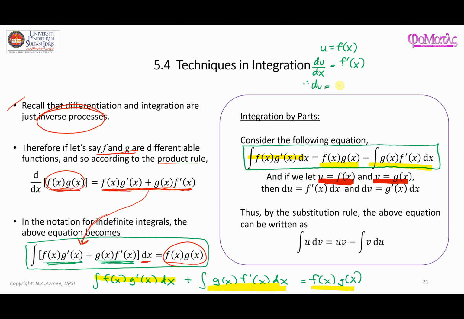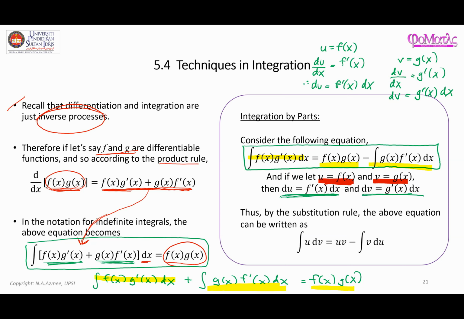Therefore du is equal to f'(x) dx. The same thing for v equals g(x): if you differentiate v with respect to x, you get the first derivative, so dv is just g'(x) dx.